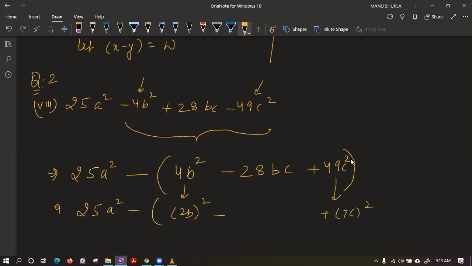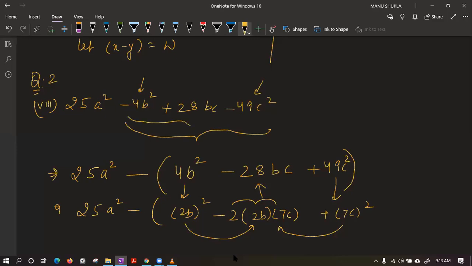Let us check. Minus 2, 2b, 7c. Please tell me fast, are we getting the middle term? Yes, we are getting 2 times 2 times 7, 28. So class, in this question, the only mistake was in making the groups.